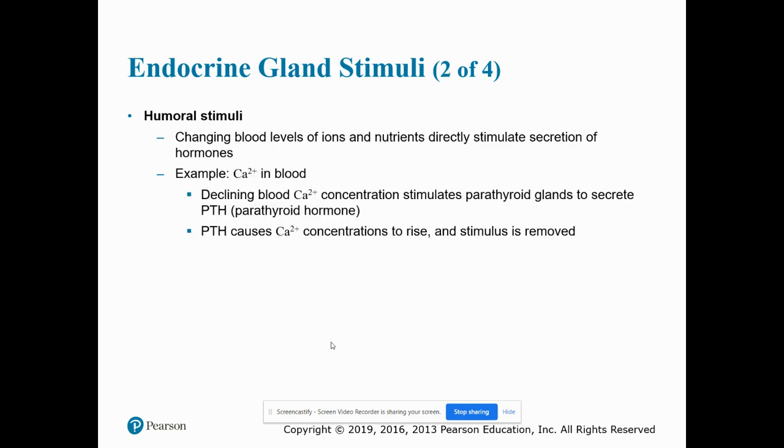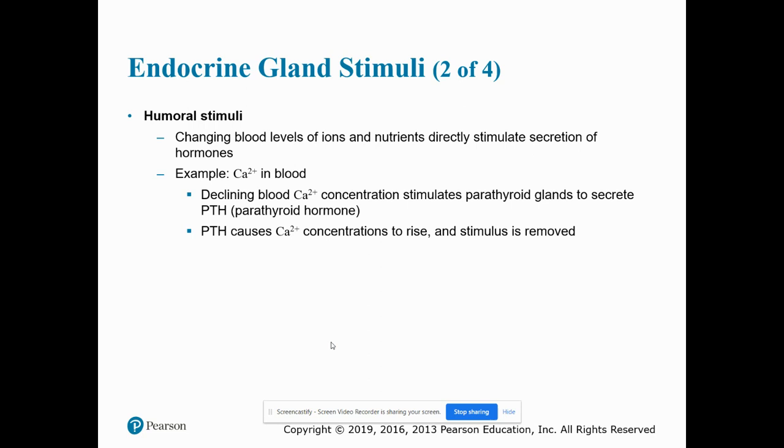But humoral stimuli is whenever there are changing levels of ions and nutrients that directly stimulate the secretion of hormones. An example of this would be calcium levels in the blood. As calcium levels in the blood decline, this stimulates the parathyroid gland to secrete parathyroid hormone.